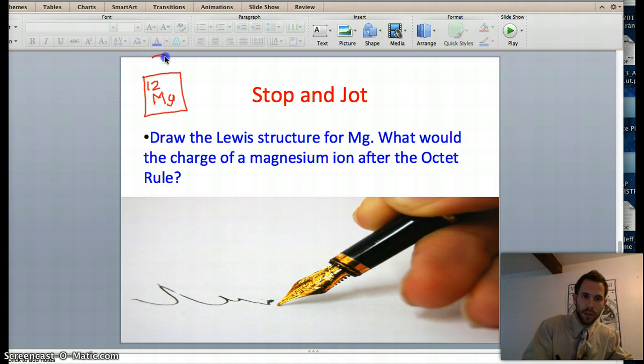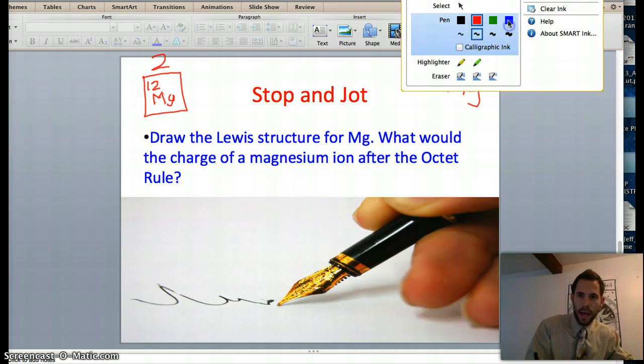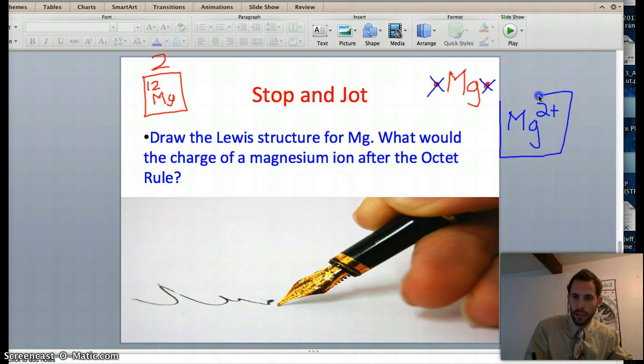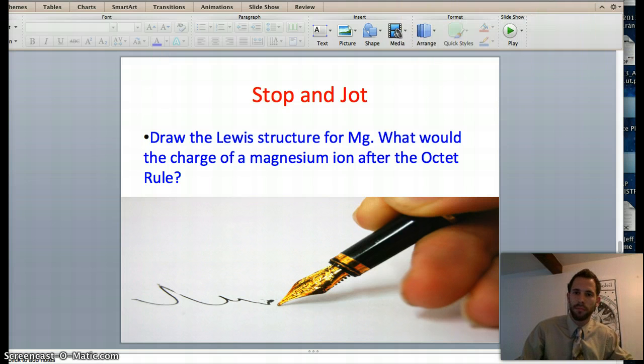In group 2A, the Lewis structure would be Mg, 1, 2, since it's in group 2. And since it's in group 2, it's going to lose 1, 2 electrons and become an Mg +2 ion because it's losing 2 of its negatives. Done and done. Easier than you thought, huh? I hope so.